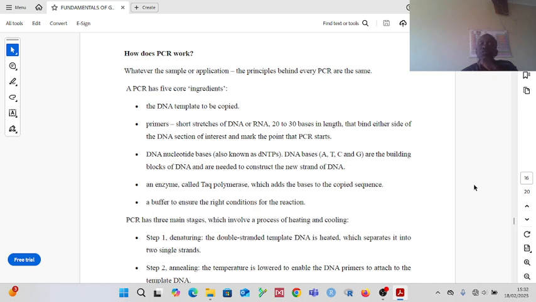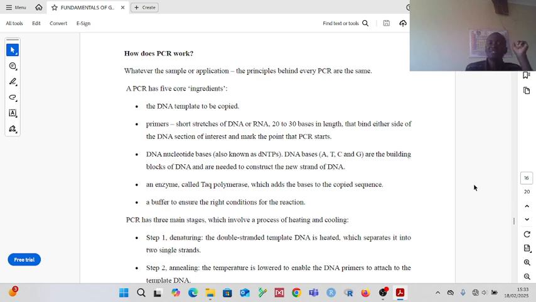In this case, we call it Taq polymerase, because it comes from a bacteria called Thermus aquaticus. What this polymerase enzyme does is add the DNA nucleotide bases to the new strand that is being copied. So the polymerase does the elongation, adding the bases using the principle of base complementarity.